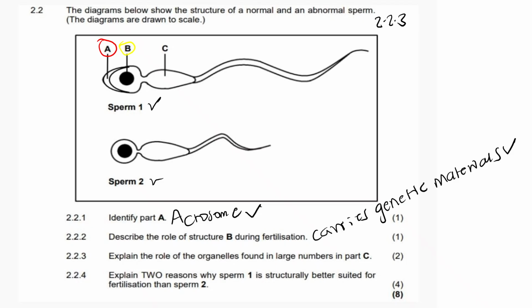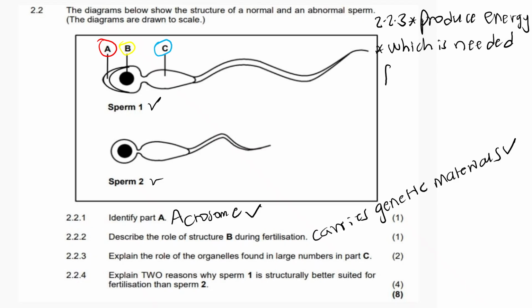2.2.3, explain the role of the organelle found in large numbers in part C. What is the role? It produces energy, which is needed for the movement of sperm.